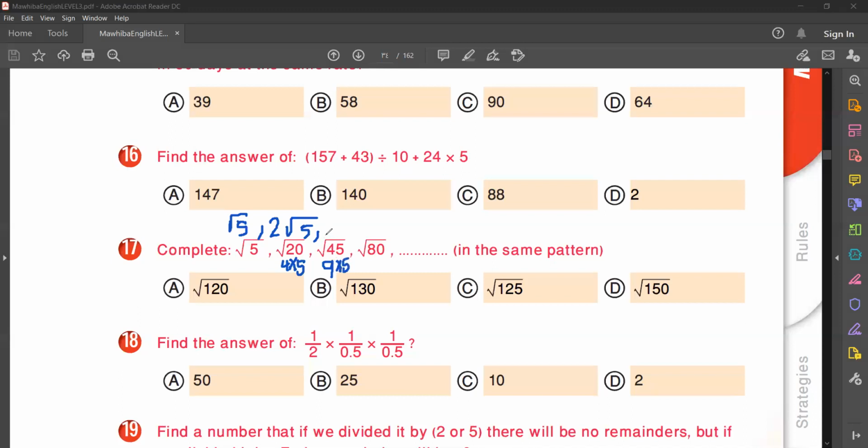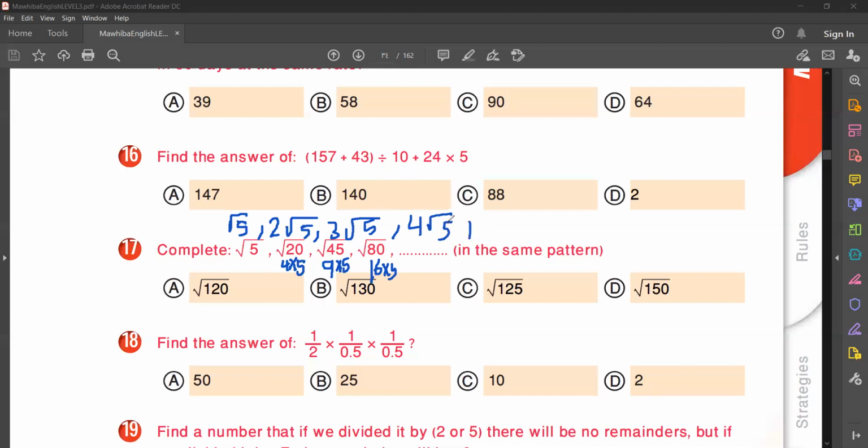Then 9 goes outside. So 3 square root of 5. What about 80? The same. It is 16 times 5. So it will be 4 square root of 5.